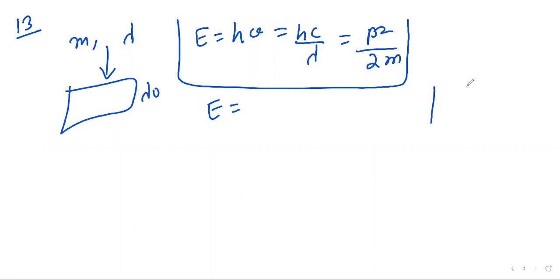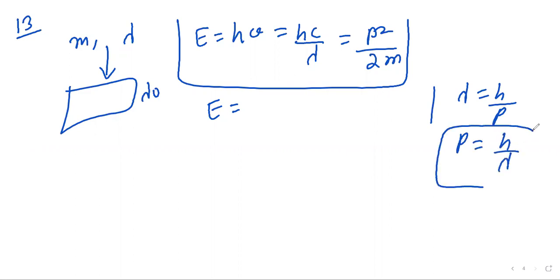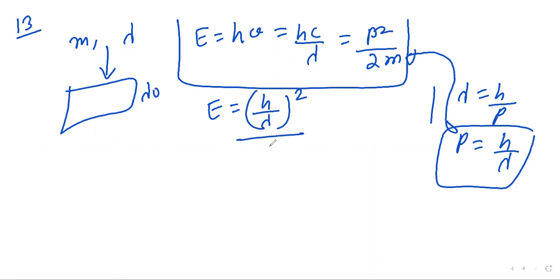And de Broglie wavelength lambda equals h upon p. So instead of p, I will write h upon lambda and put it in this formula. So E will be equal to (h upon lambda) whole square divided by 2m. So it will be h square upon 2m lambda square, equal to E.